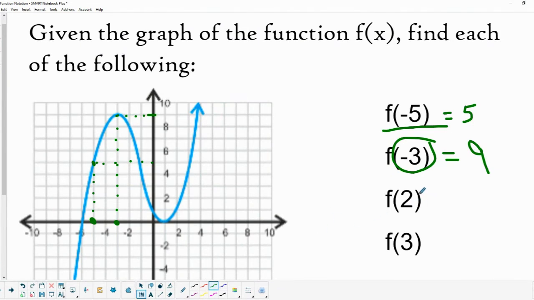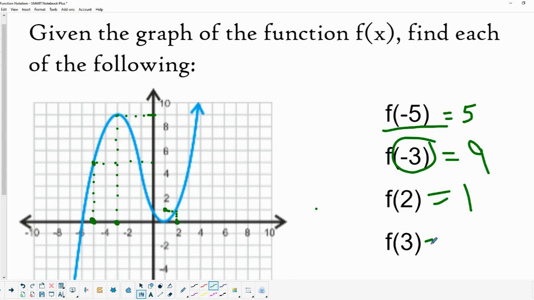How about an x value of 2? We go up and hit the graph, turn left and go over and hit the y-axis, and we hit right here at 1. So our y value in this case is 1.